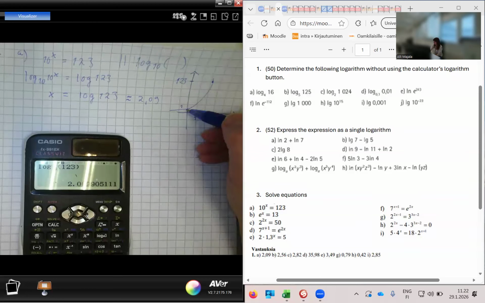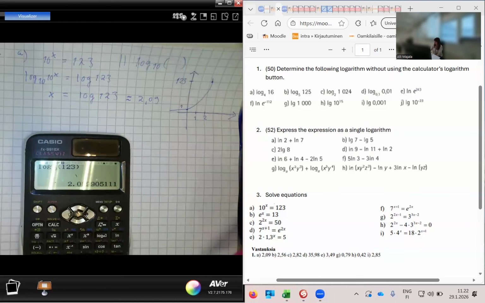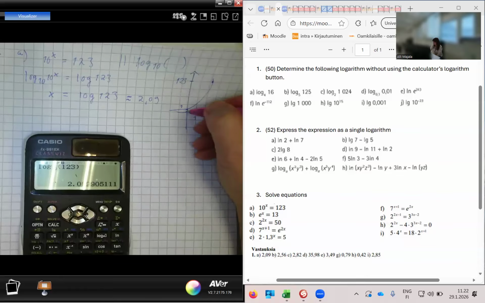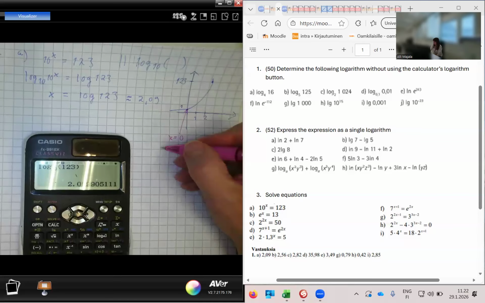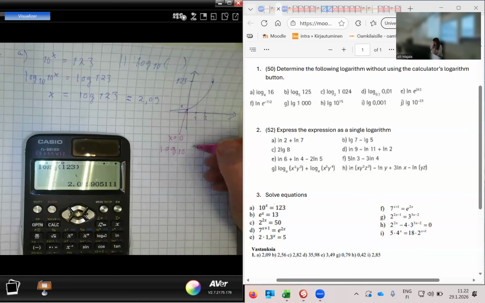And why does it always go from there? Because if x is 0, then if you take the 10-based logarithm, and it's 1, you have to raise this x.